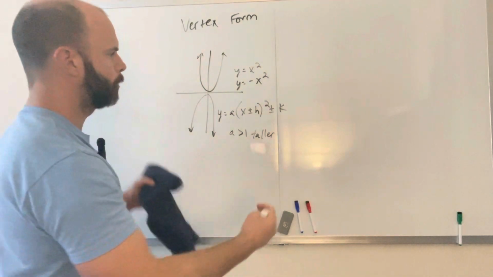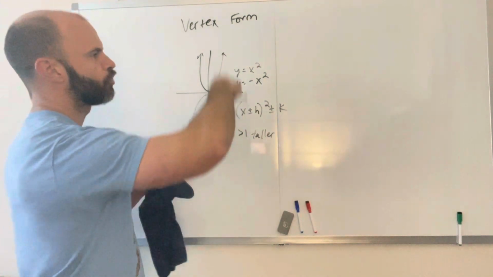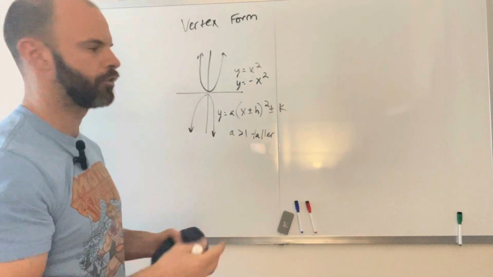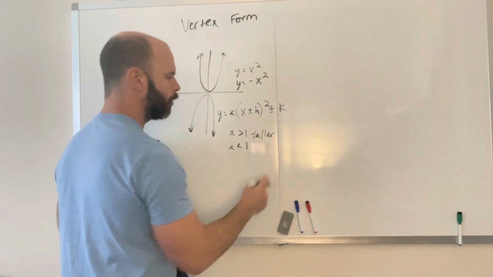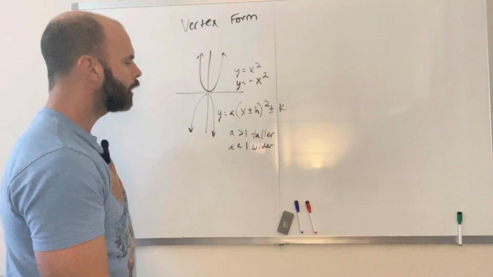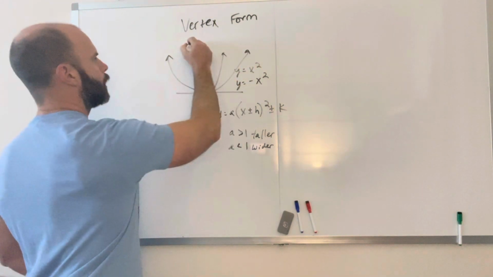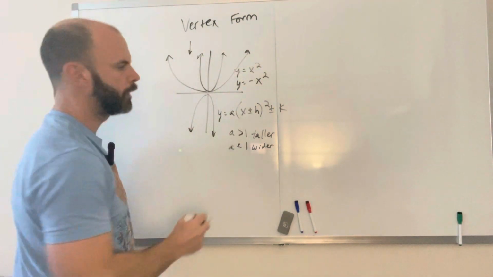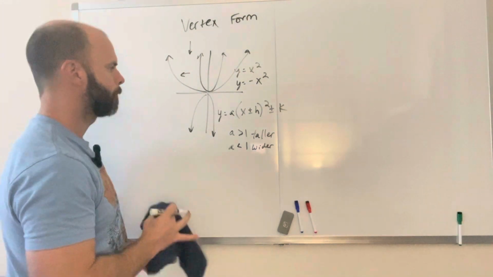Or it's going to be compressed this way, so compressed horizontally, or stretched vertically, terms that your teacher may have used. And then if A is less than 1, then I know that it's going to get wider, okay? Because it's going to go out this way, right? So it's going to be compressed vertically or stretched horizontally, all right?